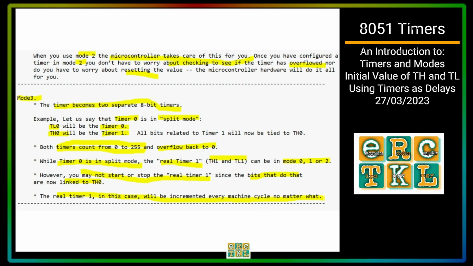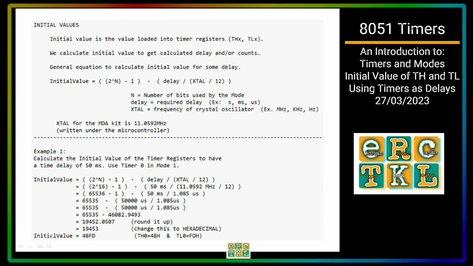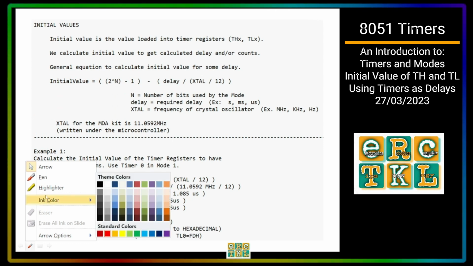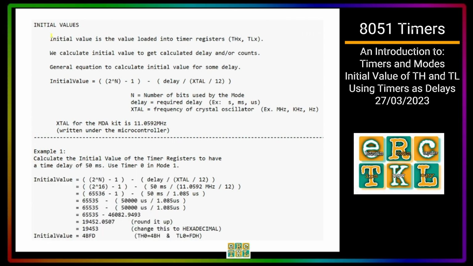So that's it. But what's important here, take note, you write it down. You should be able to differentiate the four. How do we calculate? This is the formula to calculate the initial value. Now, you may ask, teacher, what is the initial value?